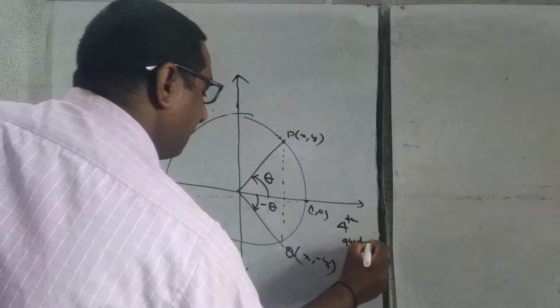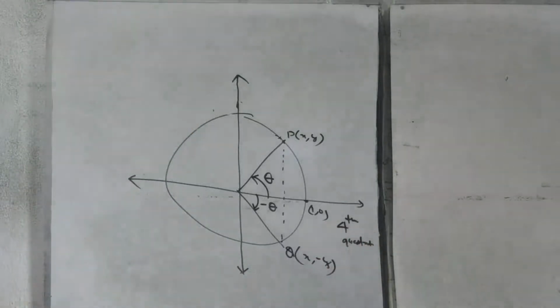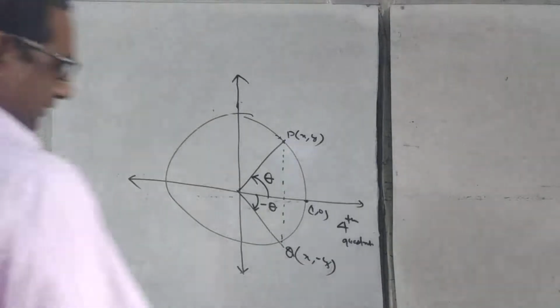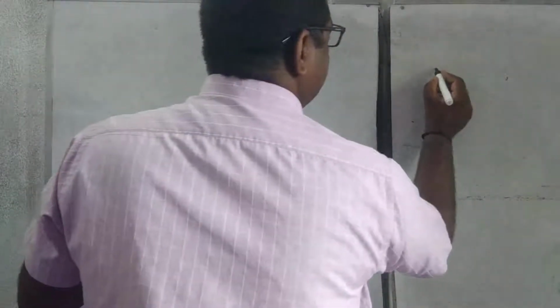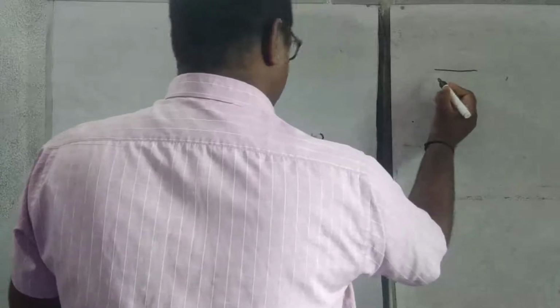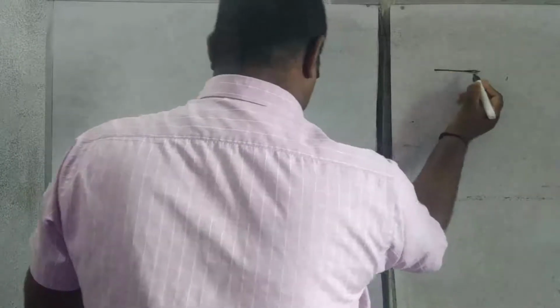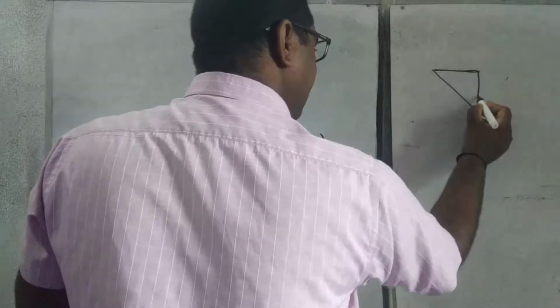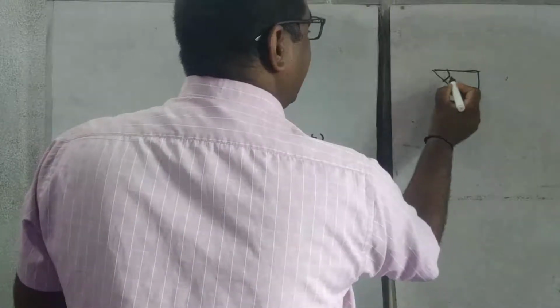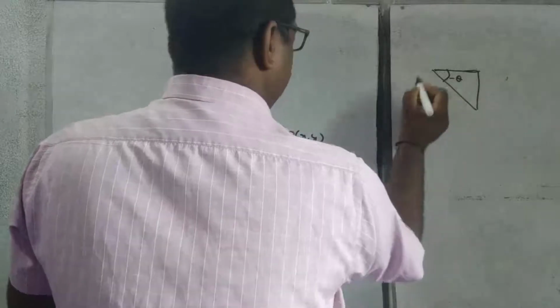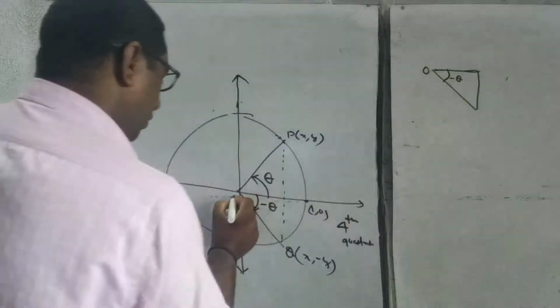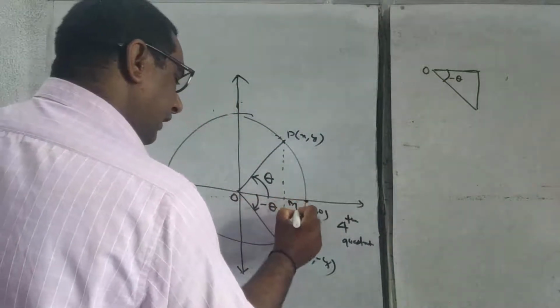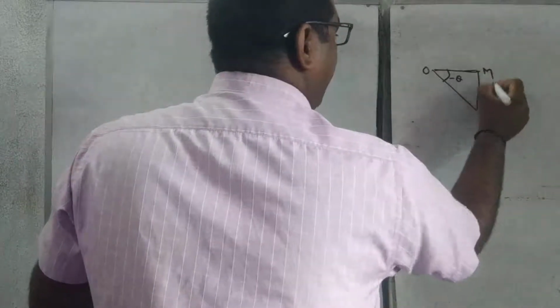If I make this triangle clearly, this is the base, this is the hypotenuse, and this is the perpendicular, and this angle is minus theta. Suppose this is O, M, and Q.